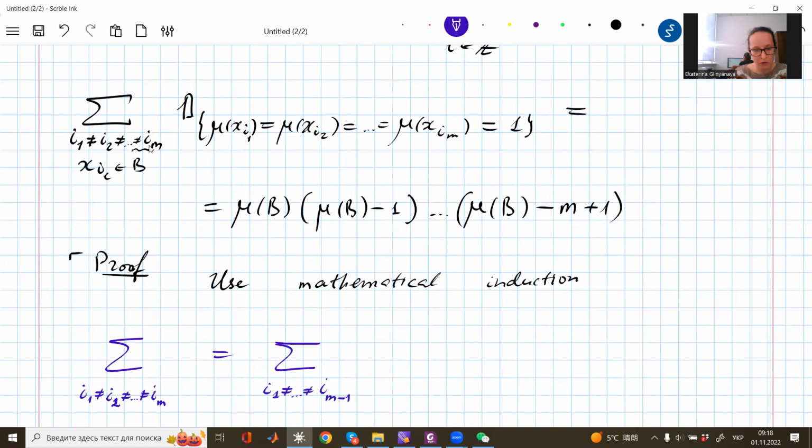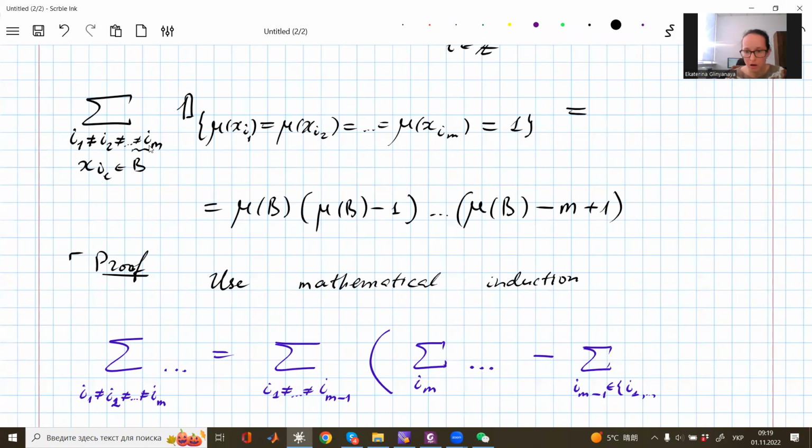We use here m minus 1 indices, and in the last sum I write the sum over all indices i_m minus all possible values where i_m belongs to the previous ones.